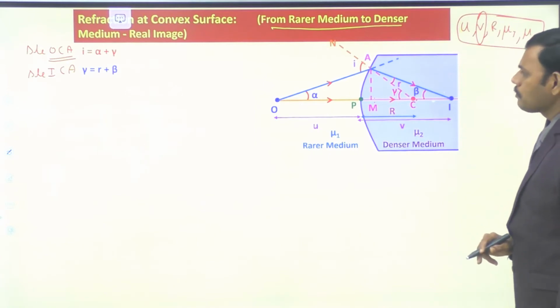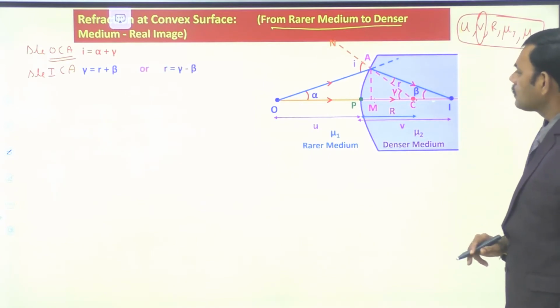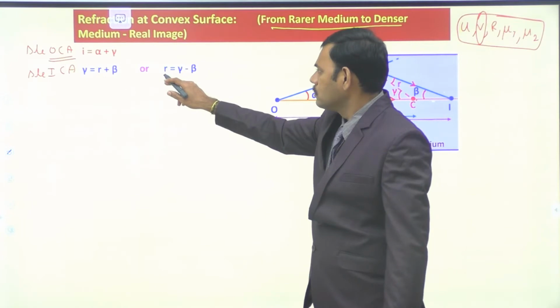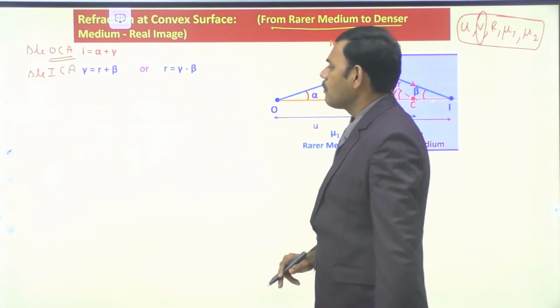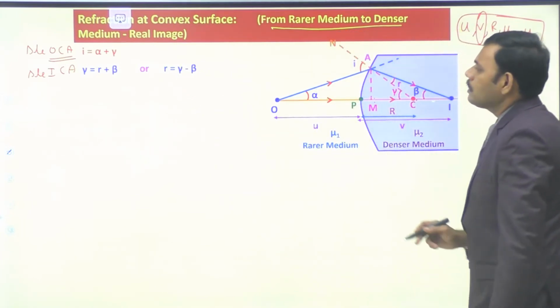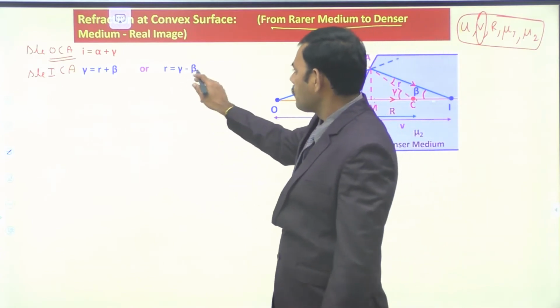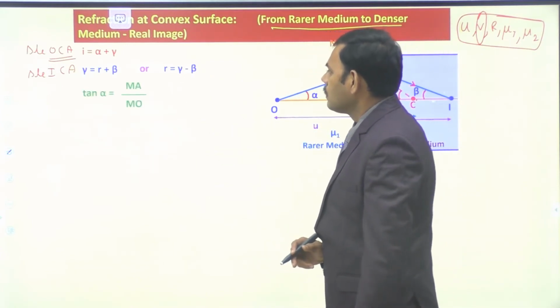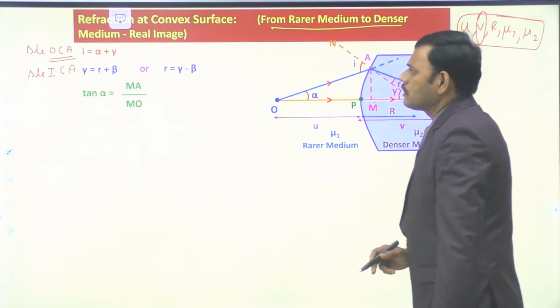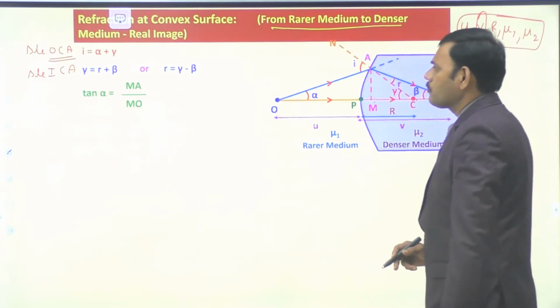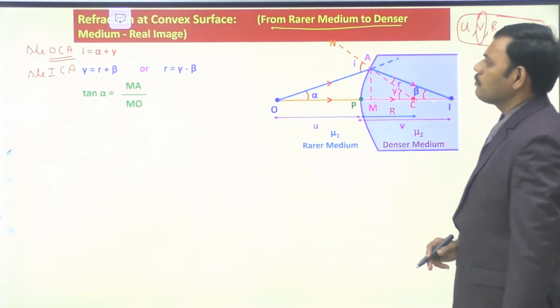Gamma is equal to r plus beta, which implies r is equal to gamma minus beta. Keep it in mind that i and r are calculated in terms of alpha, beta and gamma.